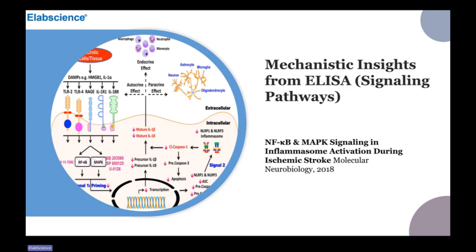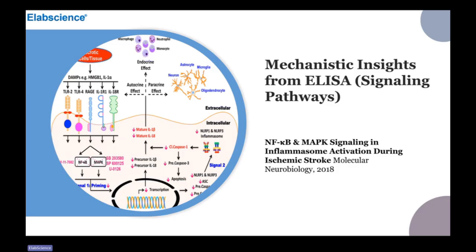ELISA is invaluable for understanding signaling mechanisms by quantifying key pathway proteins and determining their inactivation, activation, or sometimes inhibition. For example, in ischemic stroke, there is a protein which is a DAMP.